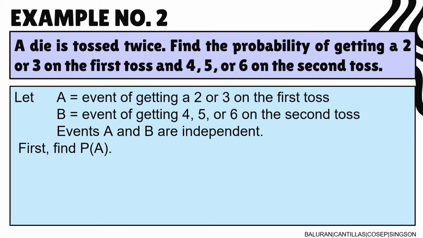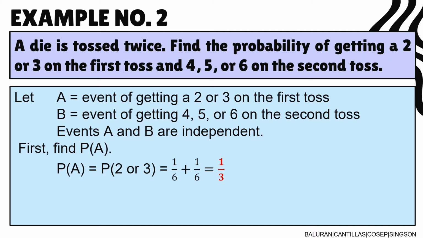First, we have to find the probability of A. So to find the probability of A, we have here 2 or 3. So for the probability of getting a 2, we have 1 over 6. 1 here since we only have one outcome in getting a 2, in rolling a die.